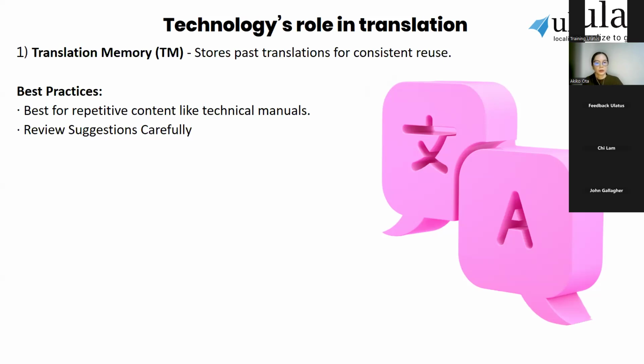Translation memory would provide previously approved translations for phrases like "click the start button" or "select the file from the drop-down menu." And this will help us save time and ensure accuracy and consistency.